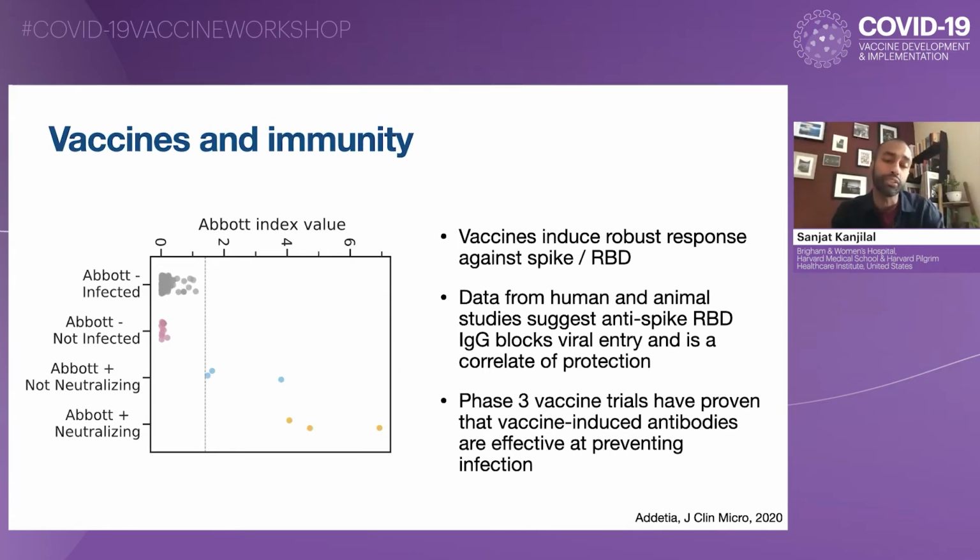And so while this study is small, it would suggest that having those pre-existing antibodies to the spike protein or the receptor binding domain of the spike protein does confer a level of protection, which is consistent with the animal data, in vitro data, and now we know, of course, the phase 3 vaccine trial, which has shown that vaccine-induced antibodies are effective at preventing infection.